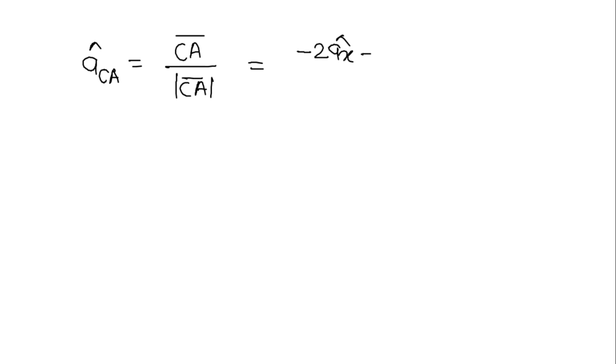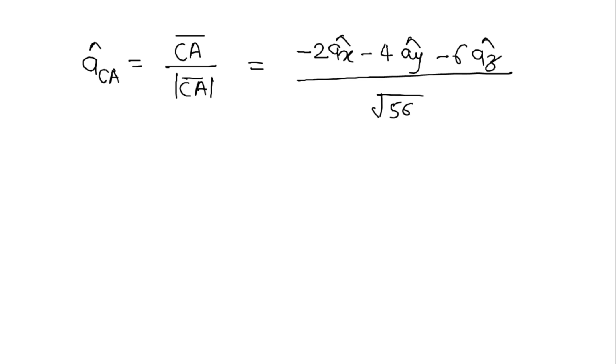Now by the next step we can make the substitutions into the earlier equation for the unit vector that is required to be computed here. So this was CA bar divided by mod of CA bar. So here we have minus 2 times ax cap, minus 4 times ay cap, minus 6 times az cap, and this is all divided by square root of 56. Now every coefficient that you see in the numerator, sequentially minus 2, minus 4, minus 6, is to be divided by square root of 56.